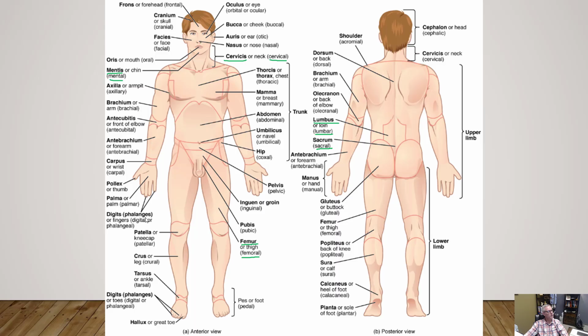So just start memorizing as we go through the chapters. Just keep this as a reference for the nouns and the adjective forms.